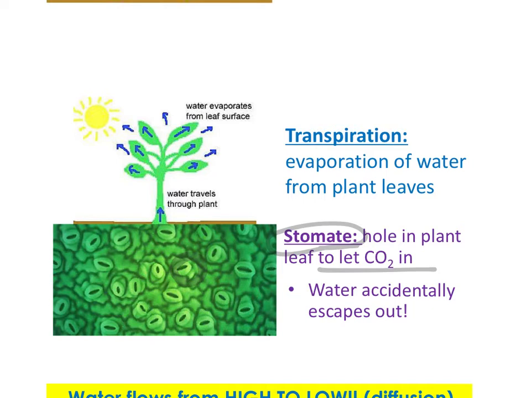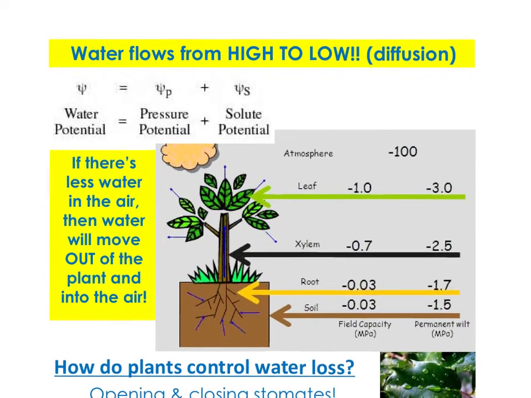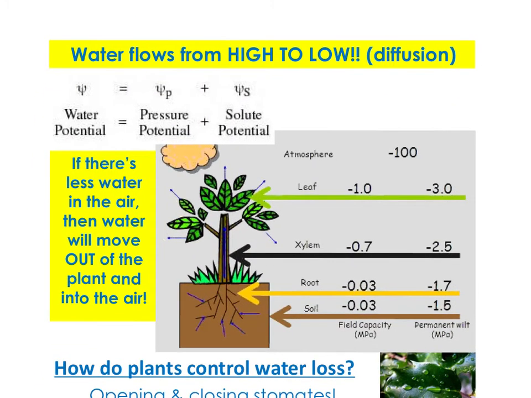However, during the time when they are open, water can accidentally escape through them, causing the plant to lose water from its leaves. This shows a little bit about water potential due to the rearrangement of order this year. Water potential will be discussed in more detail second semester. But the idea of water potential is that molecules always spread out.